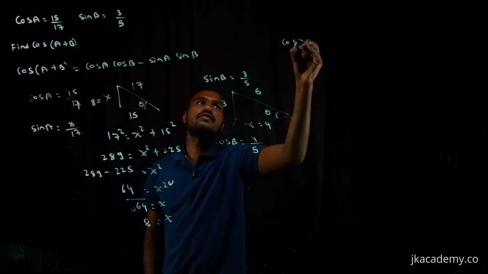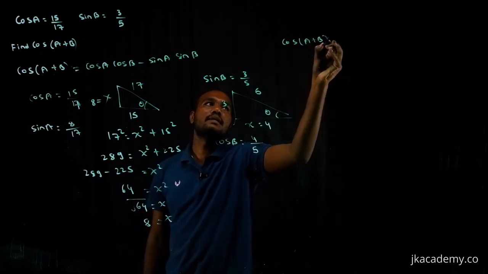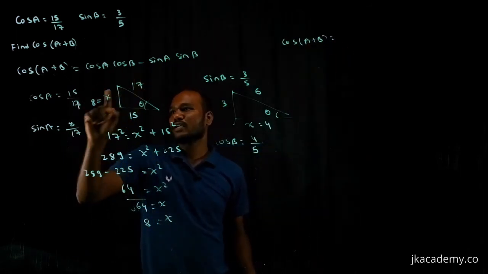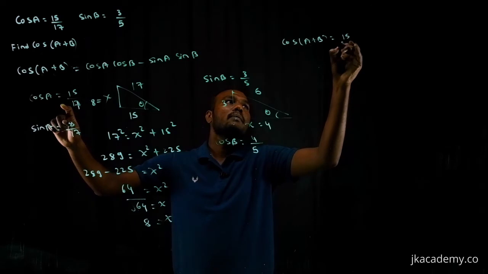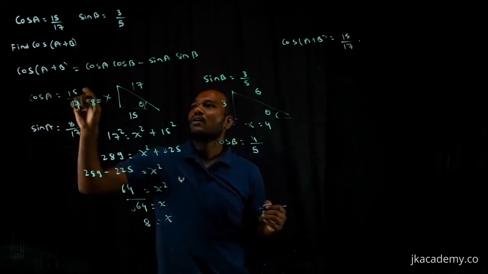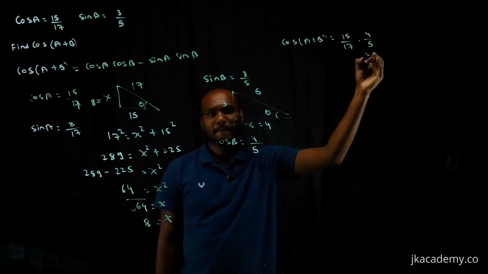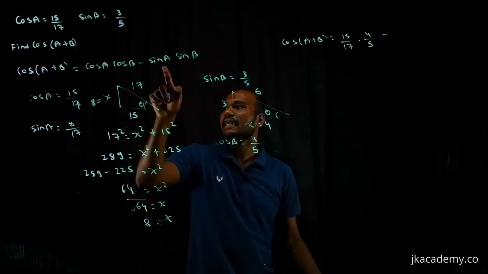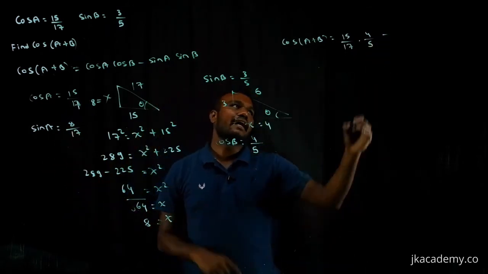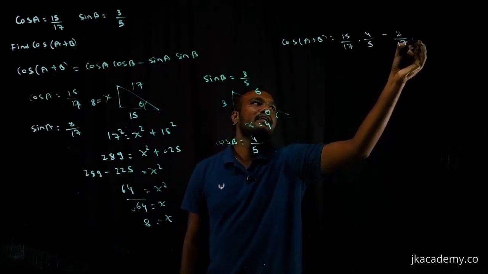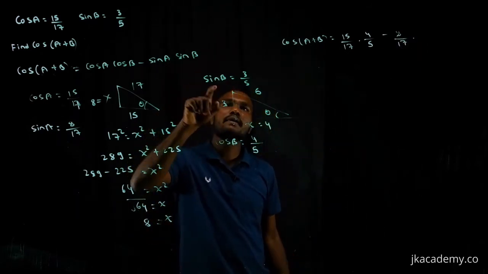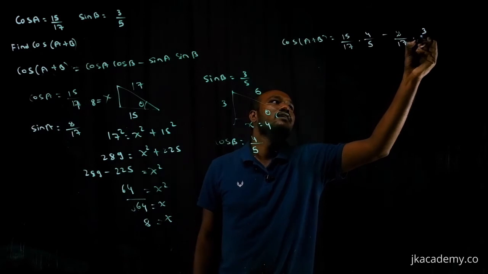So cos of A plus B is nothing but cos A cos B minus sin A sin B. Cos A value is 15/17 times cos B, which is 4/5, minus sin A, which is 8/17, times sin B, which is 3/5.